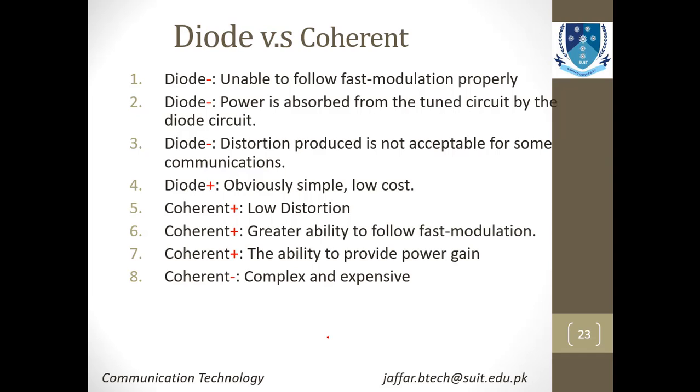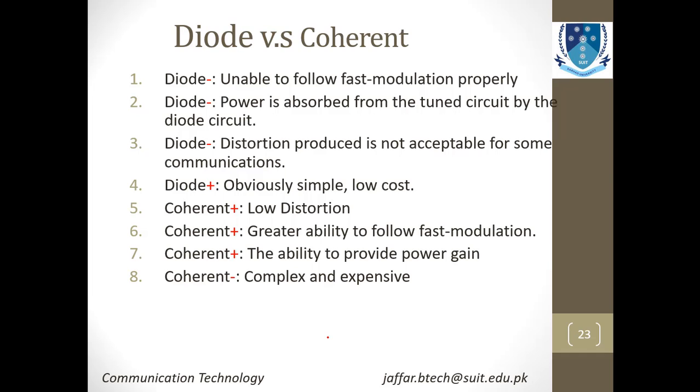But the only pro of the diode is its simplicity, and the cost of this diode demodulator is very low. So these are some pros and cons of the diode demodulator.